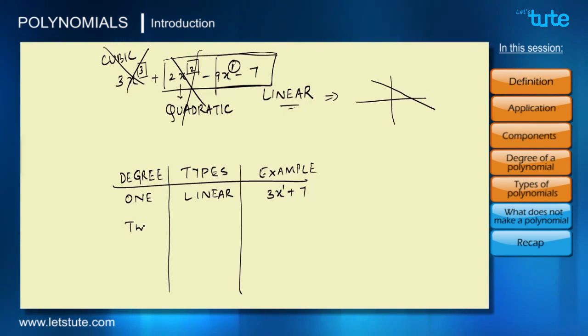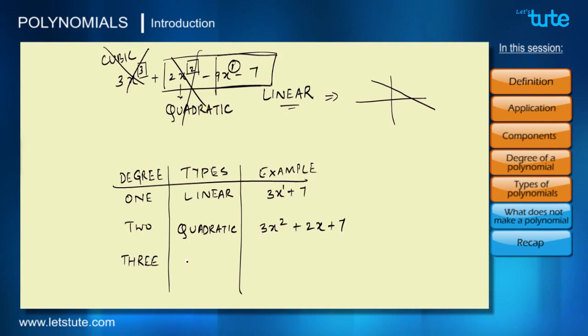When the degree is 2, then we have a quadratic polynomial. Let's say for example 3x square plus 2x plus 7. Then when we have a degree of 3, we call it a cubic polynomial. For example, let's say 3x cube plus 2x square plus 7x plus 9.